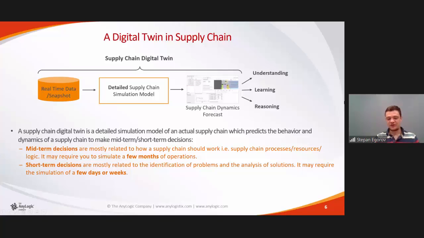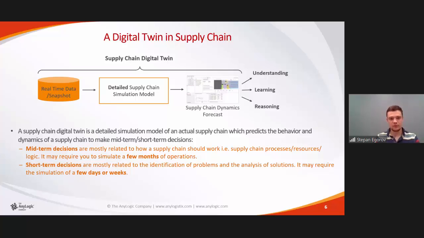And this is a supply chain digital twin, which actually allows for taking midterm decisions, like simulating a few months of operations, and short-term decisions as well, more for kind of operational problems, low-level problems, which require you to simulate a few days or weeks.